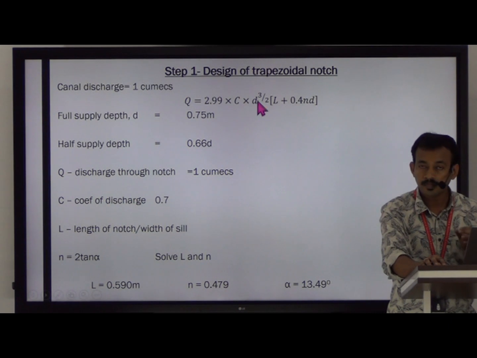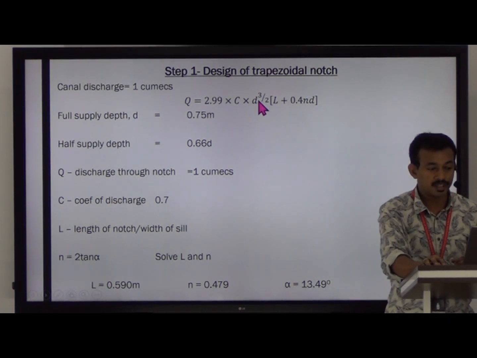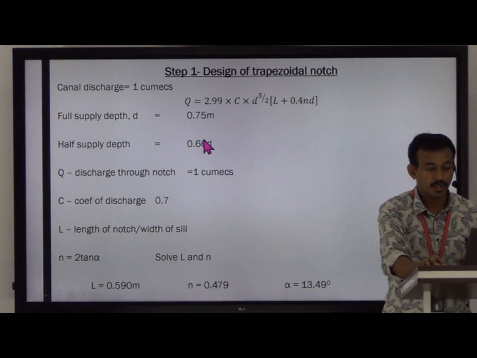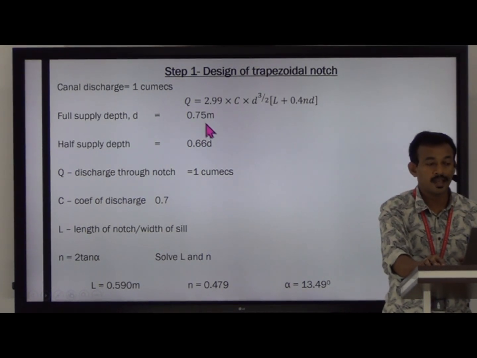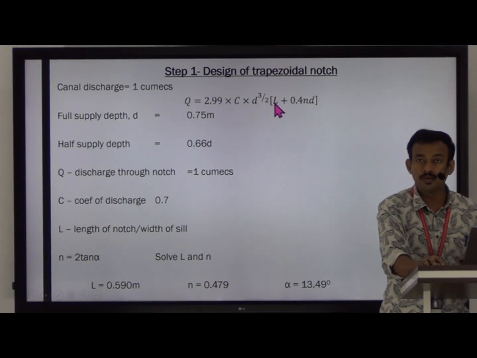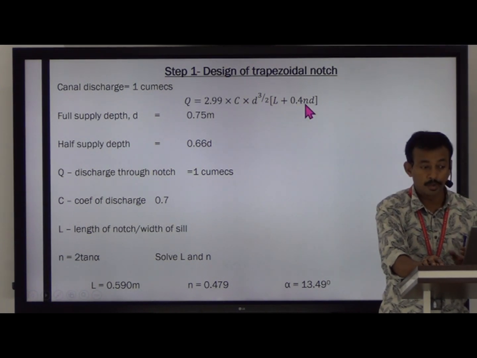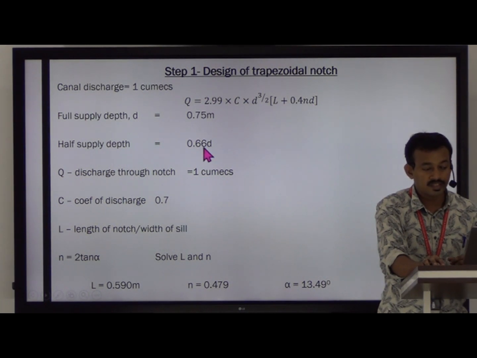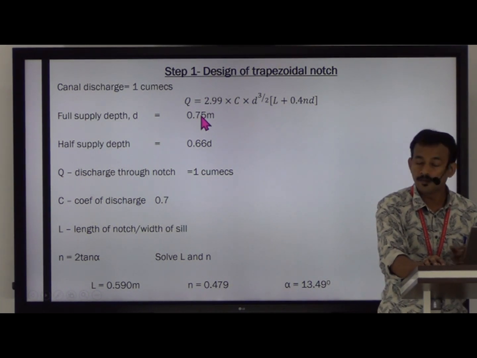Now D. For half supply, the D value is 0.66 of D. So you have to take 0.66 of 0.75 and substitute that value here for D. Again L value is unknown to you, plus 0.4, N is unknown to you, and again D, since it is the case of half supply condition, the D value can be 0.66 of 0.75.